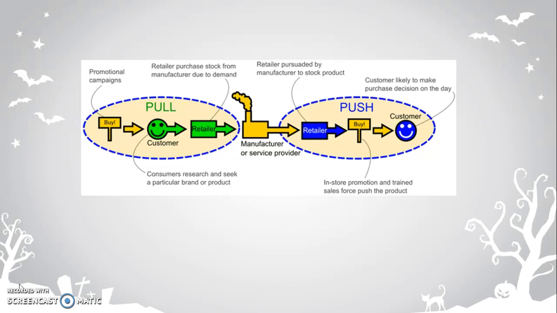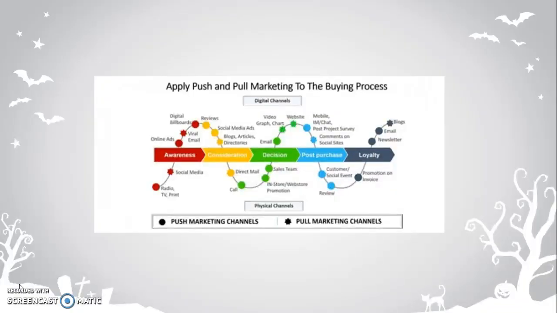Then you do the promotion, in-store promotion, and a trained sales force pushes the product, and the consumer is likely to make a purchase decision that day. Like when we go to PriceMart and there's a bunch of people showing off their products. Well, I sometimes do buy when I really like what they're showing, but that works with some kinds of customers and not with all of them.